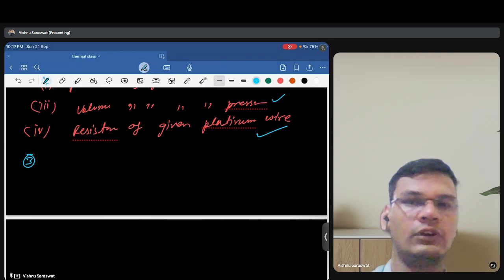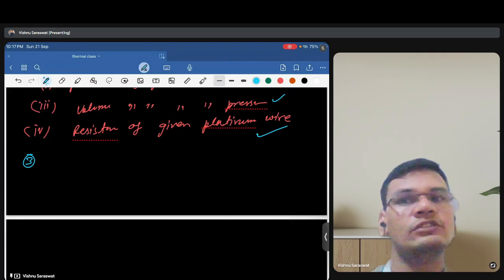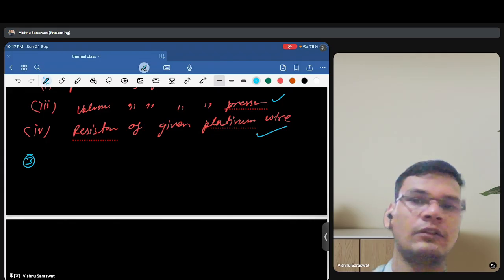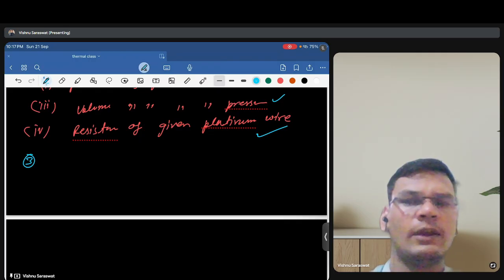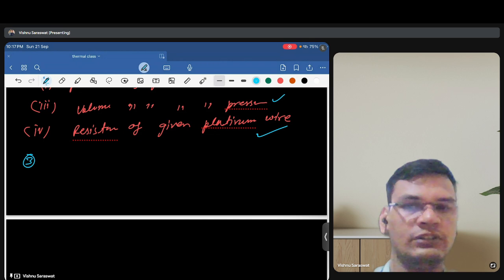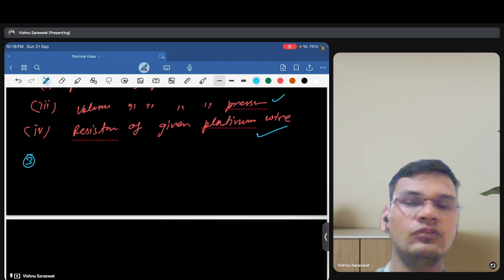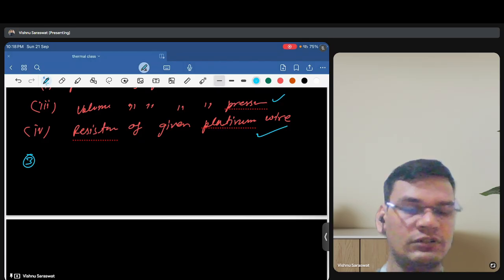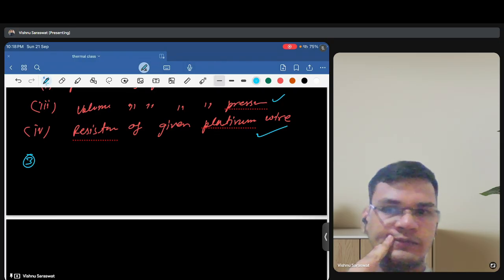The triple point of water is 273.16 Kelvin, and the thermometric property is assumed to be 0 at 0 Kelvin. In old thermometry, the freezing point is 0 degree Celsius and the steam point is 100 degree Celsius, taken to define the temperature scale. So the temperature scale and thermometric properties and temperature scale.